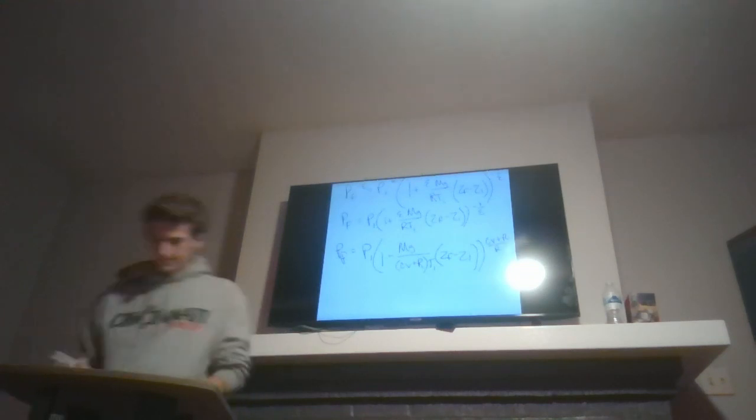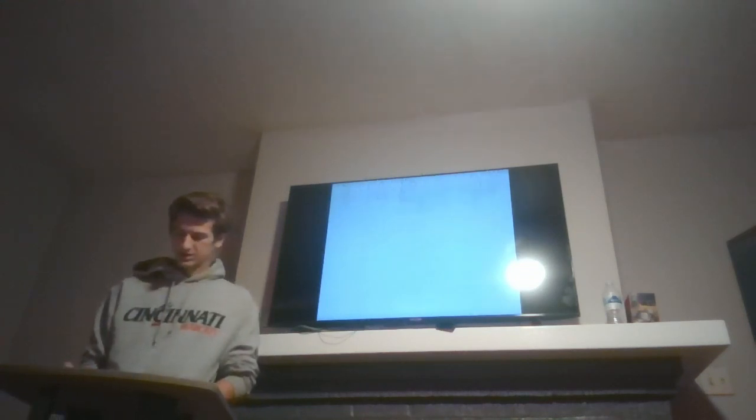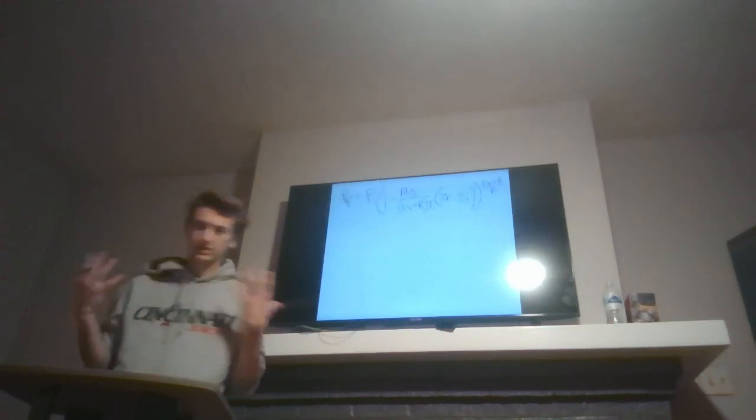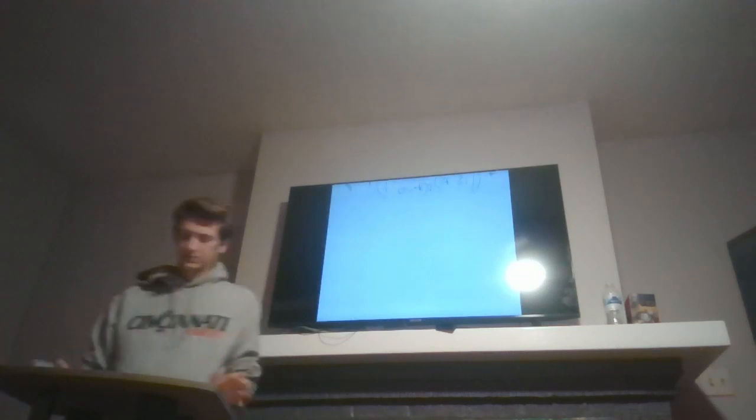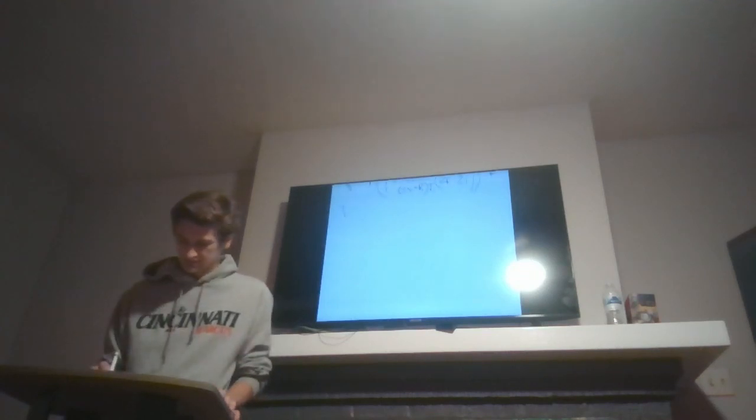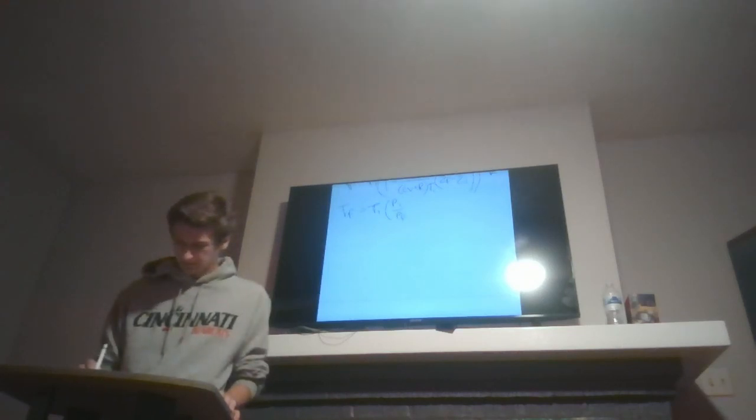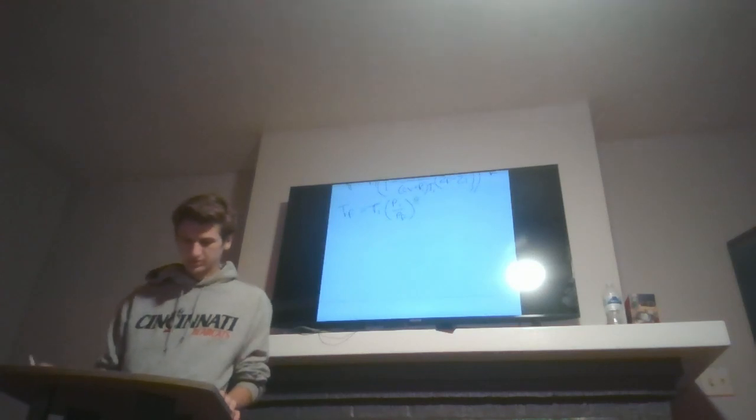Alrighty. So now I'm going to continue to work on the temperature final equation. For the temperature final equation, we get TF equals T initial times P initial over PF, to the epsilon.